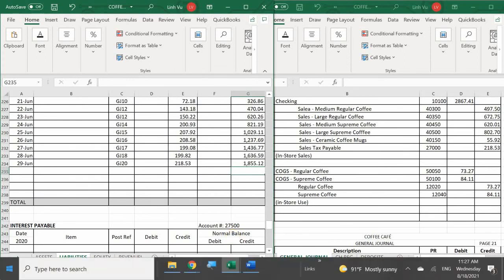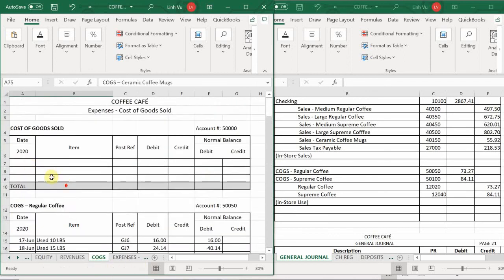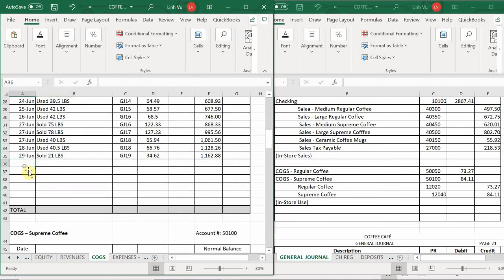So first thing we have is the cost of goods sold. Here we used 44 pounds for 73.27, which we got a grand total of 1236.15.